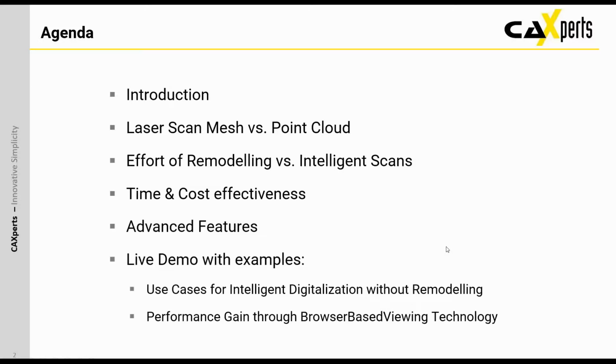And we're also going to have a live demo with examples, use cases for intelligent digitalization without remodeling, and also a short glimpse at the performance gain through the browser-based viewing technology.